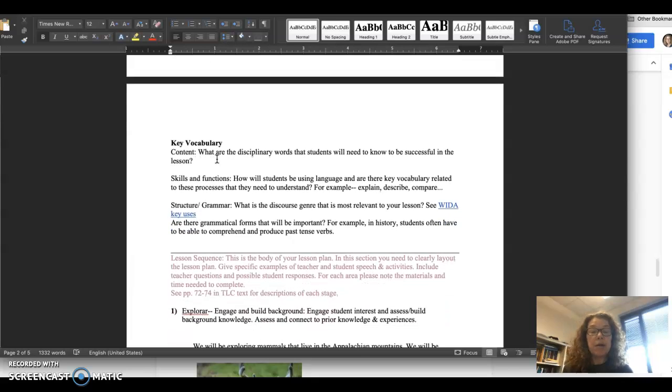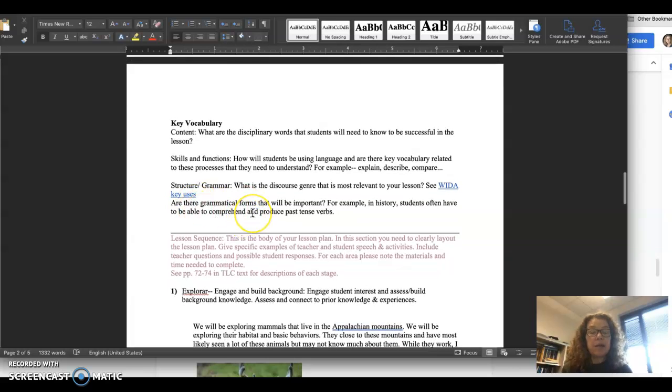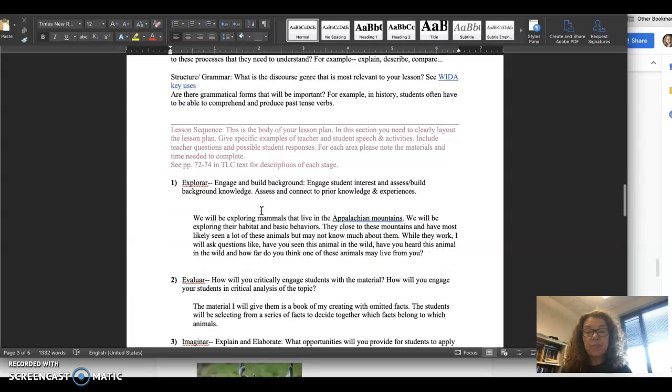Are they going to be comparing? Are they going to be describing? Are they going to be explaining? And if there's any grammatical structures that you think are important, if there's not, that's all right too. But if there's any grammatical things that you think are important, then you're going to list that here.